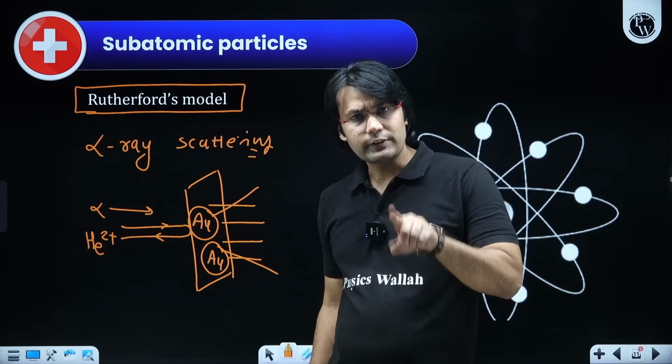So when I equate these two, hc by lambda equals 13.6 z square into e into 1 by n1 square minus 1 by n2 square. You can take that hc to the right hand side, then 13.6 into e upon hc will be your constant. You can write it as Rydberg constant. So from here you get the formula 1 by lambda equals z square into constant into 1 by n1 square minus 1 by n2 square, and the same formula is known as Rydberg equation.